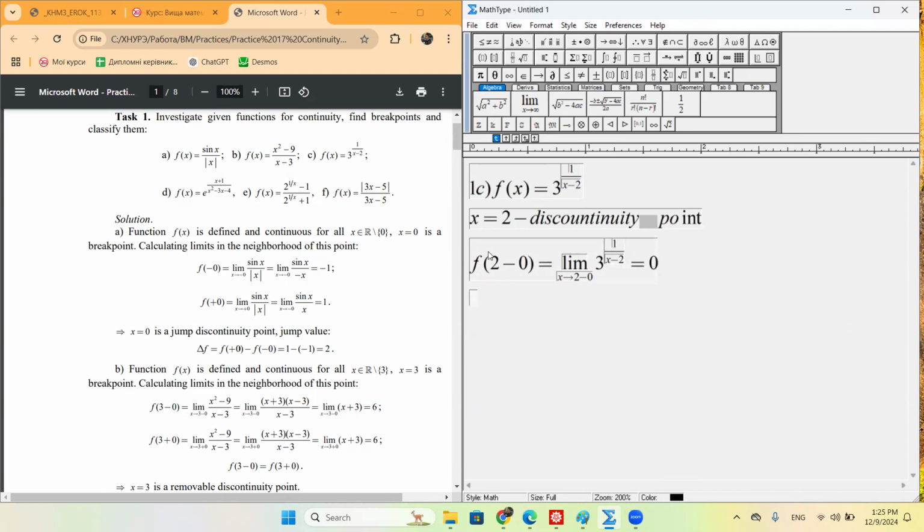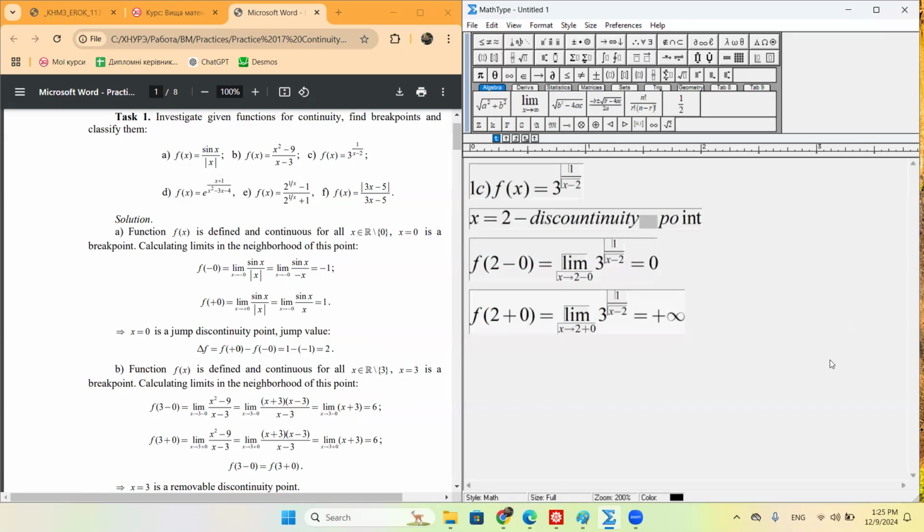That's from the left. And from the right, if I substitute 2 plus 0 here, I will receive plus infinity in the exponent. So 3 in the power of plus infinity equals plus infinity.